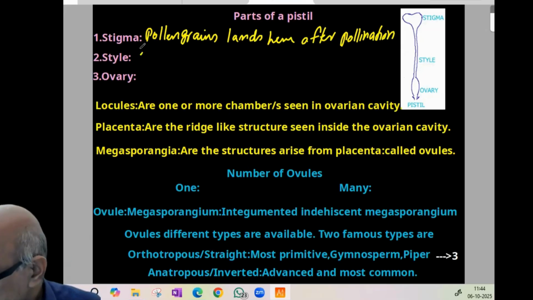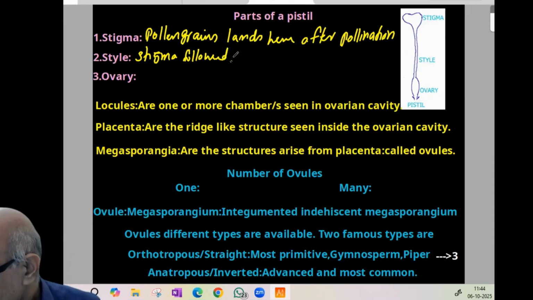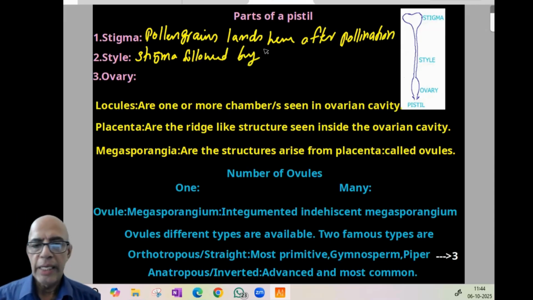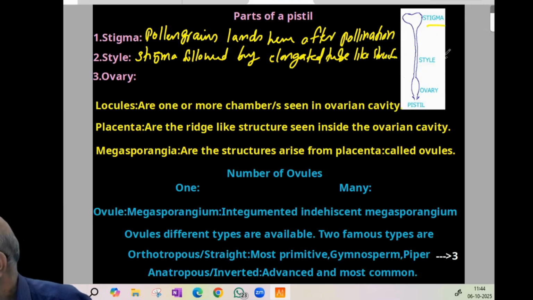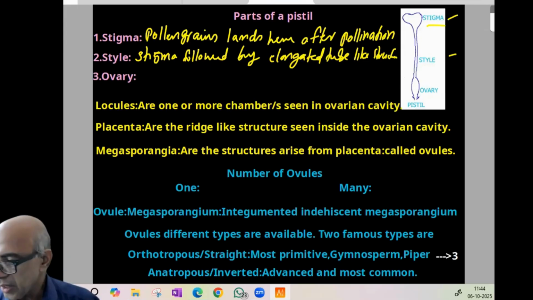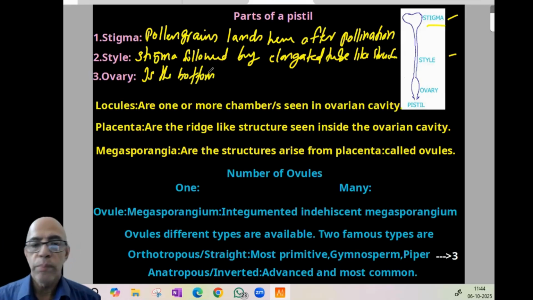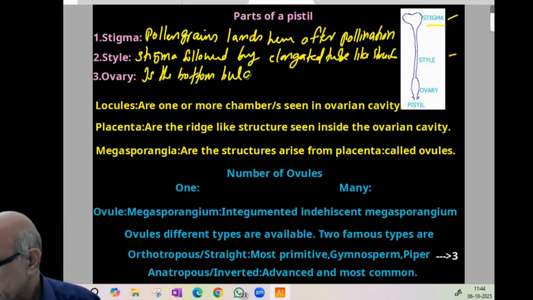Stigma is followed by an elongated tube-like structure. The diagram is given there, so it will be easy for you. So stigma, and this one, style. And the last component is ovary. Ovary is the bottom, bulged or swollen part of the pistil.